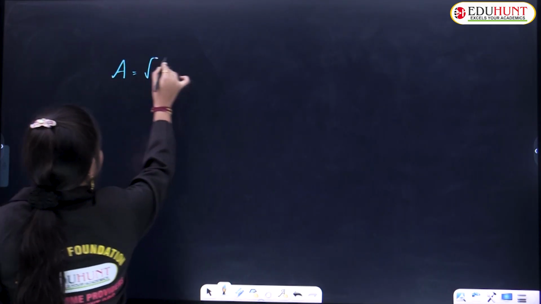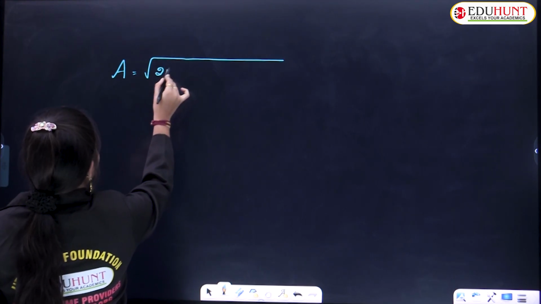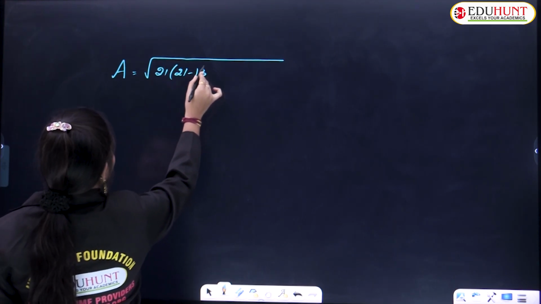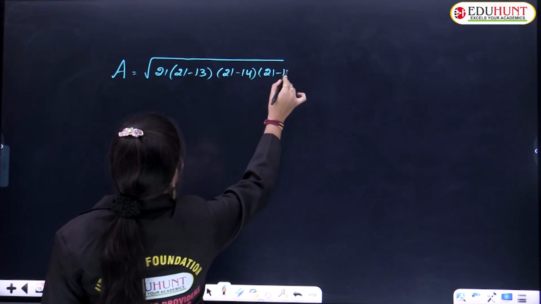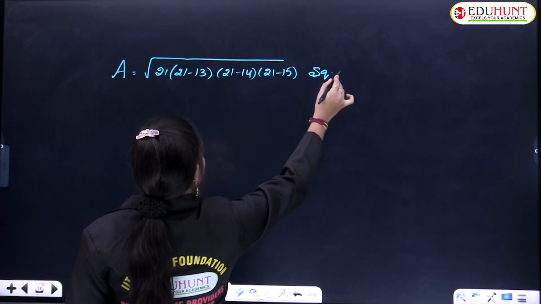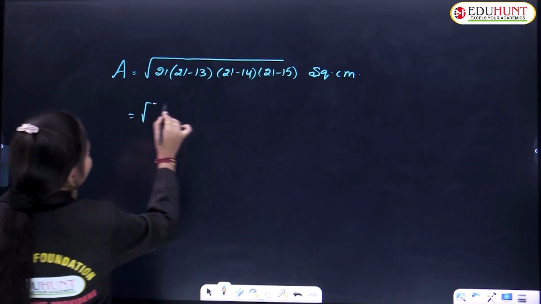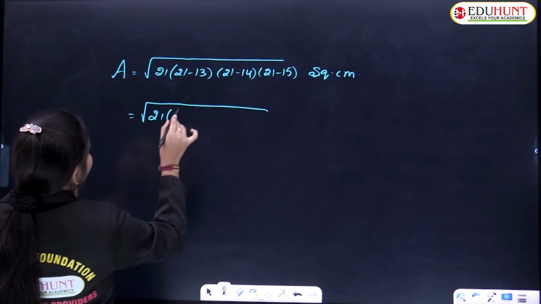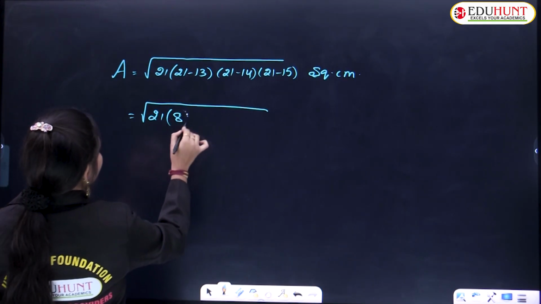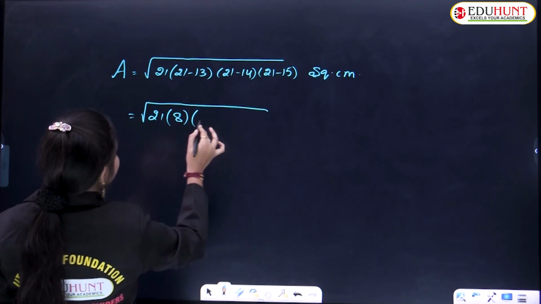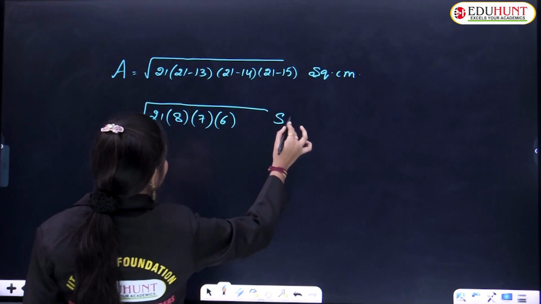A is equal to the square root of 21 into 21 minus 13, 21 minus 14, 21 minus 15 square centimeters. Here 21 minus 13 is 8, 21 minus 14 is 7, and 21 minus 15 is 6 square centimeters.